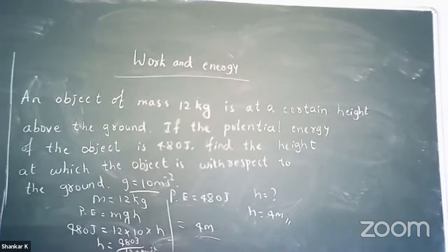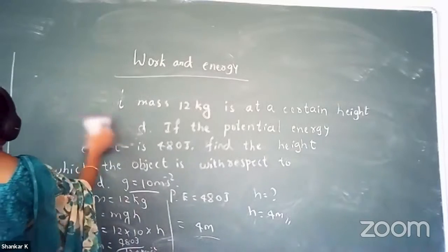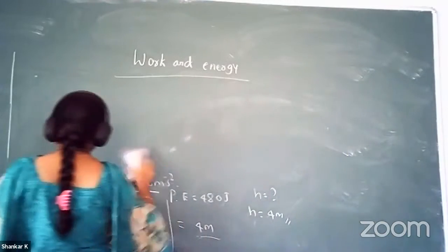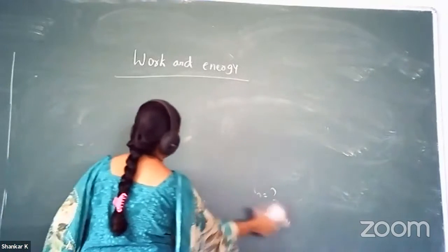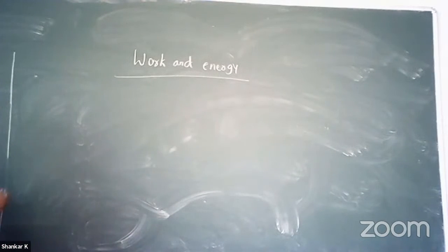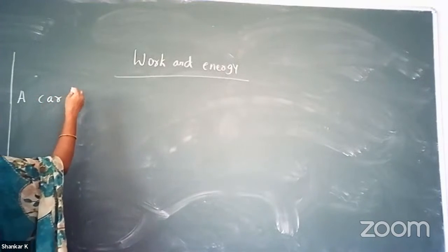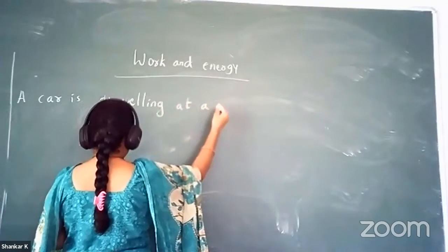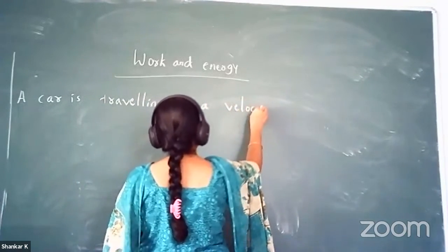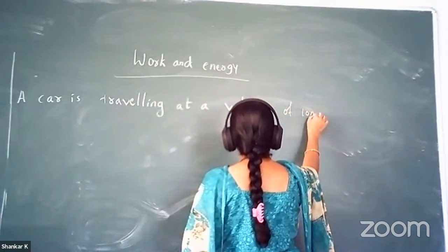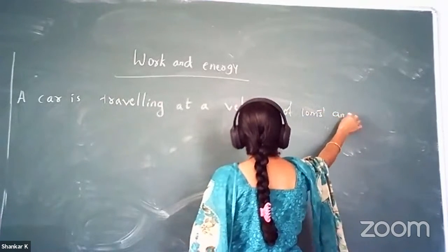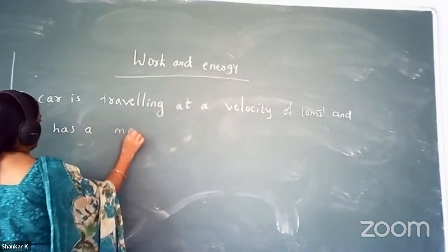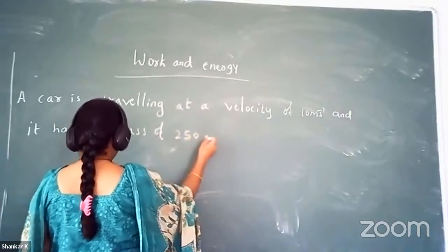Now, another example I will give you, friends, we solve it. A car is traveling at a velocity of 10 meters per second, and it has a mass of 250 kg.